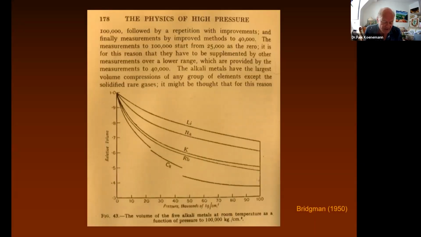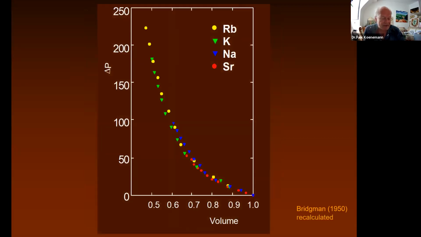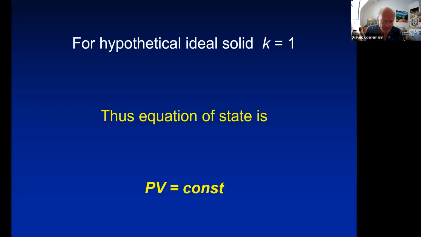Percy Bridgman received the Nobel Prize for reaching 100 kilobar in his experiments. His compressibilities for the alkali elements look like this. Every material has its own curve. But if his data are recalculated using the equation which I've just showed you, it turns out that relative to their internal pressure, all these materials have exactly the same compressibility.